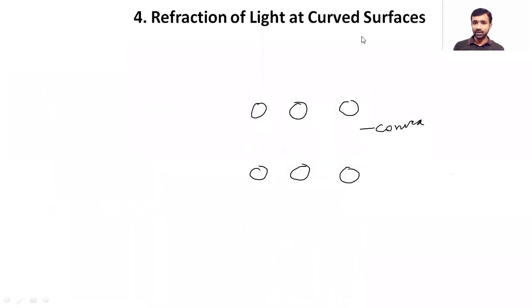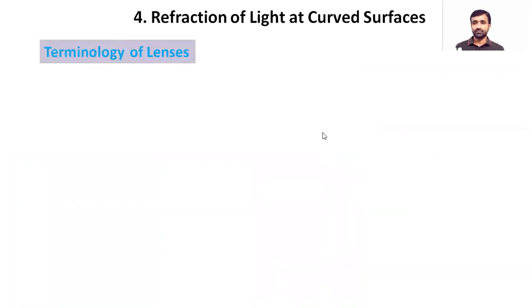Okay, now we are moving to another topic, simply the terminology related to the surfaces. Two surfaces bounding a medium is called a lens, right? So I'll take one of the lenses. Which lens did I use on the screen?